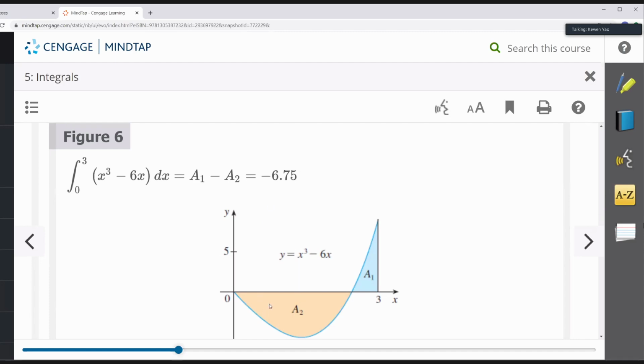Sign is included. This is a negative sign, this is a positive sign. You can see that negative is larger than positive, so this is negative 6.75. Because the graph is under the x-axis and above the x-axis, this part will be negative, this part will be positive. So you add them together, you will get negative 6.75. So this is the so-called net area.